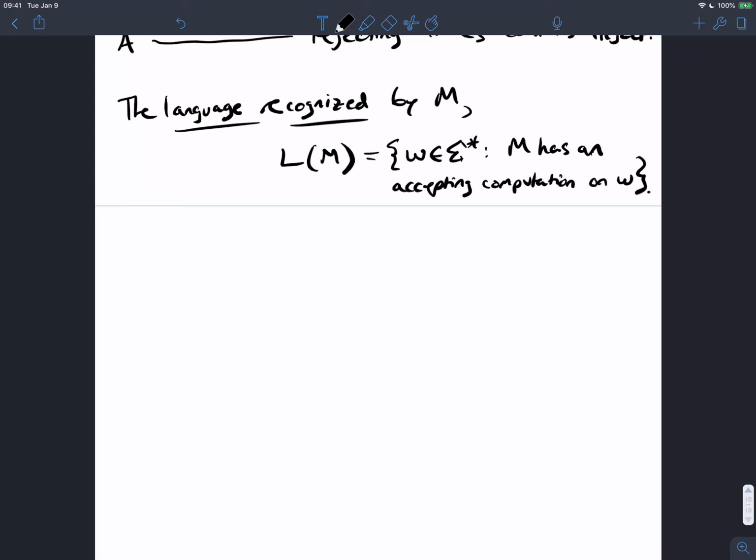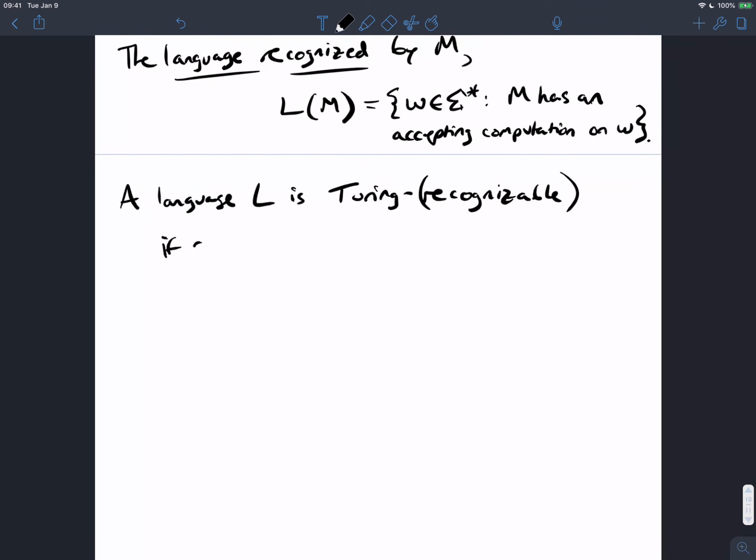We still have enough time. A language L is Turing recognizable, or we just shorten it to be just recognizable because it's evident that it's by Turing, if some TM recognizes it. So if you have like the 0 to the n, $, 0 to the n, the one we came up with, we made a Turing machine for it.